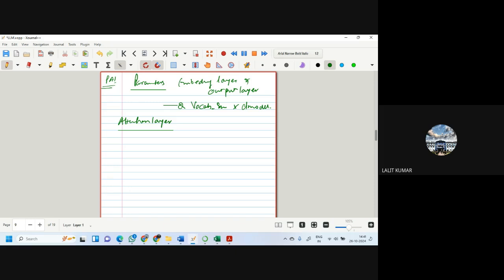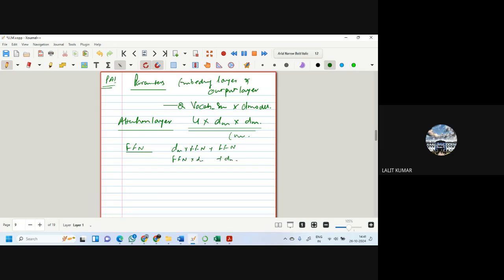Now in the attention layer, it is 4 into D model into D model. You don't have to care about the number of layers, 12, 8, whatever. Then your FFN, we calculated D model into FFN plus FFN into D model plus D model.